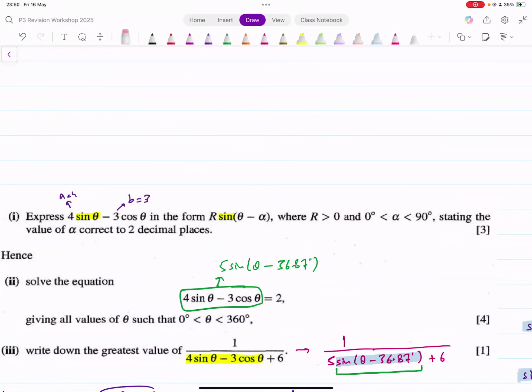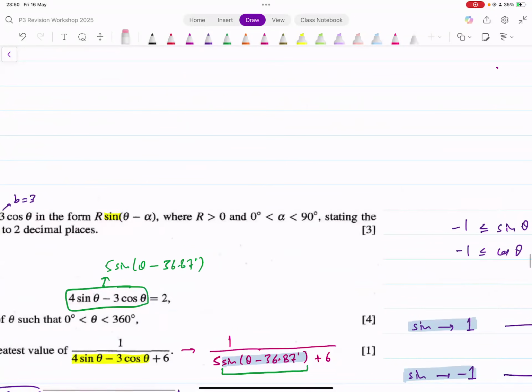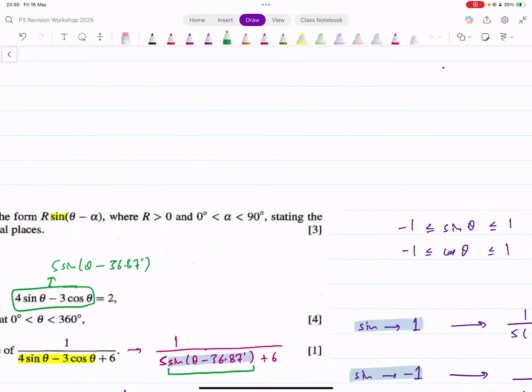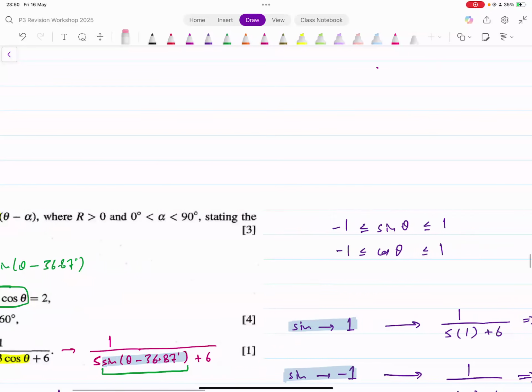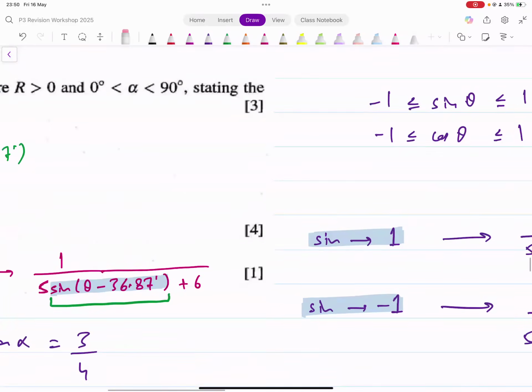So what we can do is write it in that form so that it becomes 1 over 5 sine of theta minus 36.87 plus 6, which is outside as it is. Now, once we have it converted to this form, what's the greatest possible value for this?